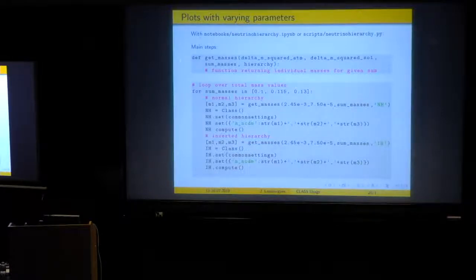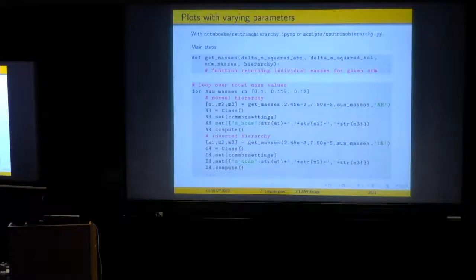The notebook contains a function, get_masses, which takes as an input the delta m square atmospheric and solar, the total mass and the hierarchy. And for these parameters, it will spit out 3 different values of the mass. So the hierarchy can be set to normal hierarchy or inverted hierarchy.